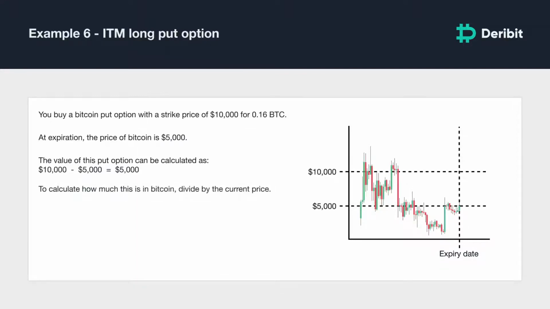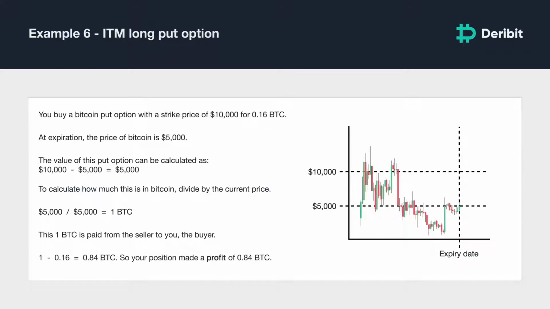To calculate how much this is in Bitcoin, you divide by the current value of $5,000: 5,000 divided by 5,000, or 1 BTC. This 1 BTC is paid from the seller to you. Your final profit on the position can be calculated as 1 BTC minus 0.16 BTC, leaving 0.84 BTC. So your position made a profit of 0.84 BTC.